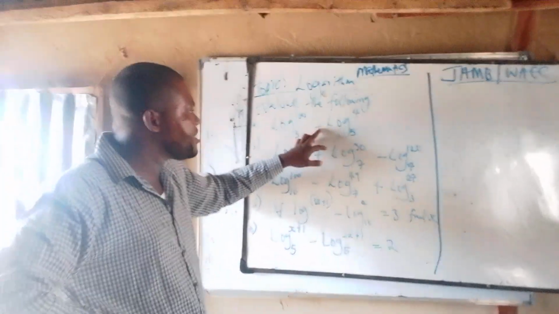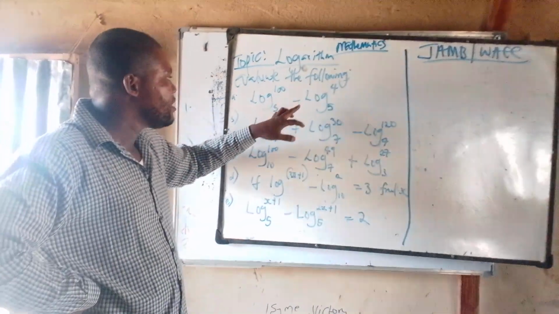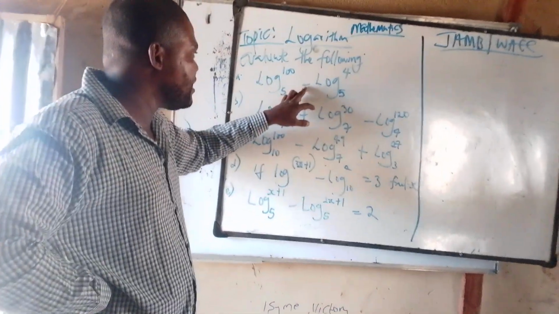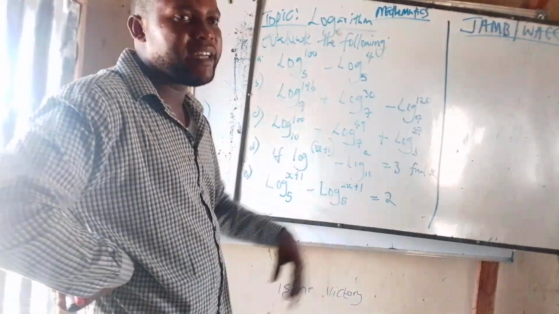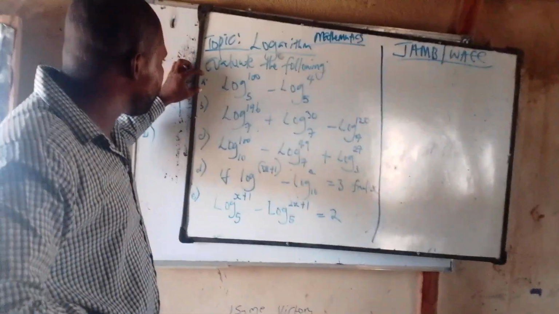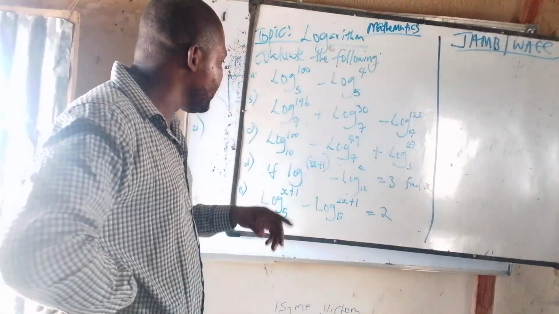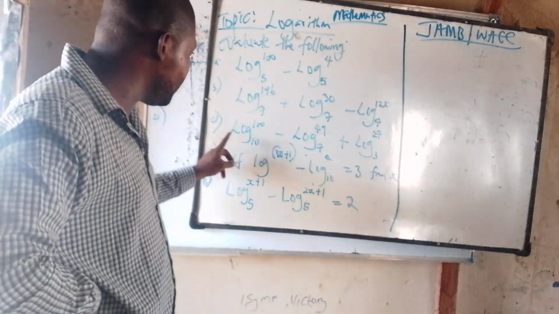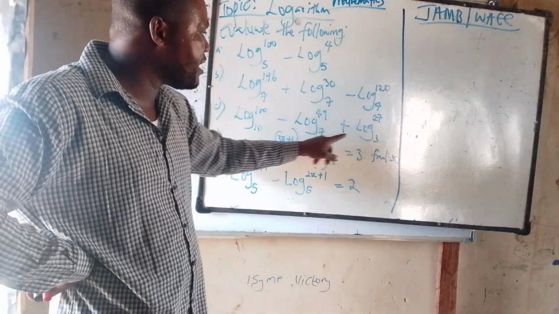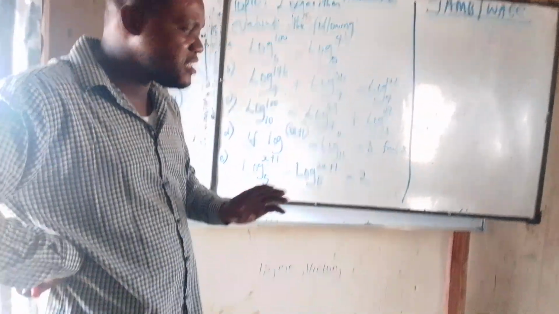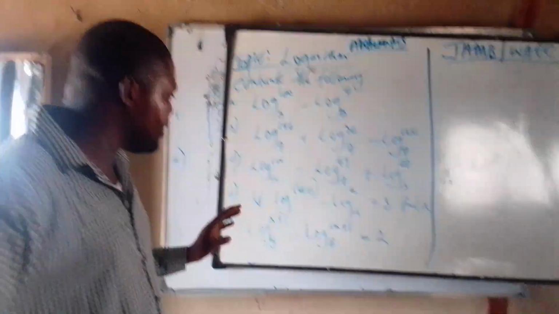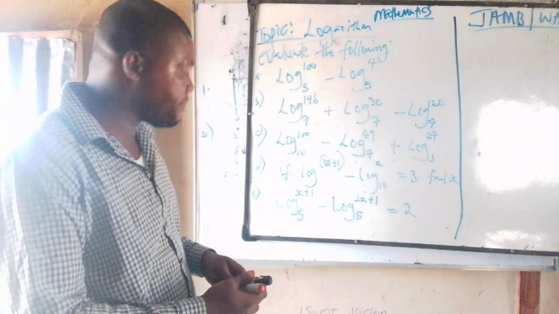So minus means I will divide their powers, and if I am adding, I will multiply their powers. Look at example A and C. Example A, I have log 5. Then example C, I have log 10, log 7, and log 3. We will do different things here. Then D and E are somehow different.